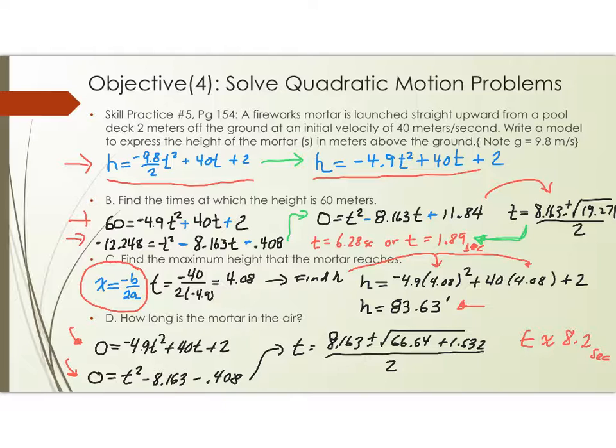We plug that into the quadratic equation and we get t is equal to approximately 8.2 seconds in the air. So that concludes our applications of quadratic equations.